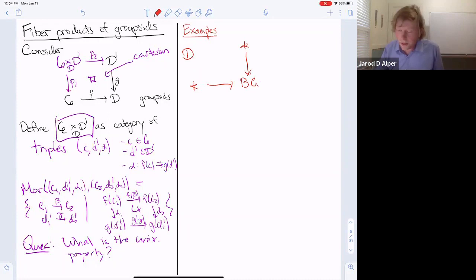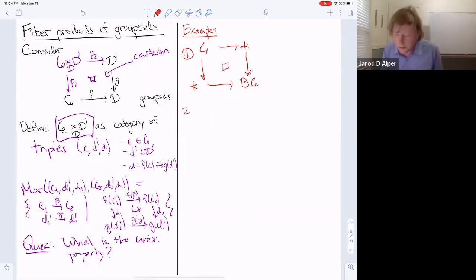And the fiber product, well, actually, if you look at the definition, an object should be an element here, there's no choice. An element here, there's no choice. And then the choice comes in the isomorphism, which is just an element of G. And if you work it out, that's exactly what the fiber product is. So this is an example of a fiber product.